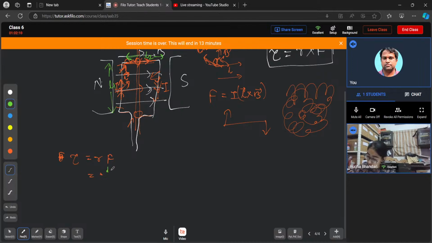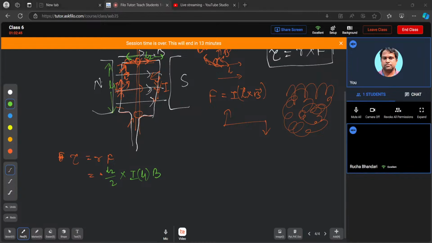So R is L2 by 2, and F is I L1 B, since L and B are perpendicular to each other.